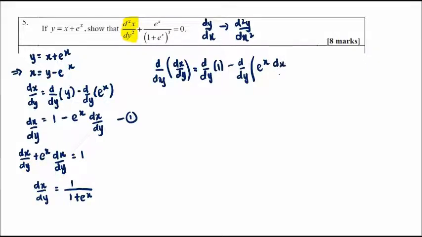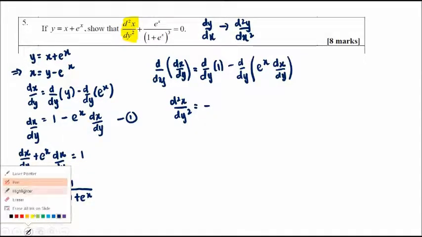Okay, so now this one will be our second derivative, d squared x over dy squared equals to, so differentiate 1, we just get a 0 here.